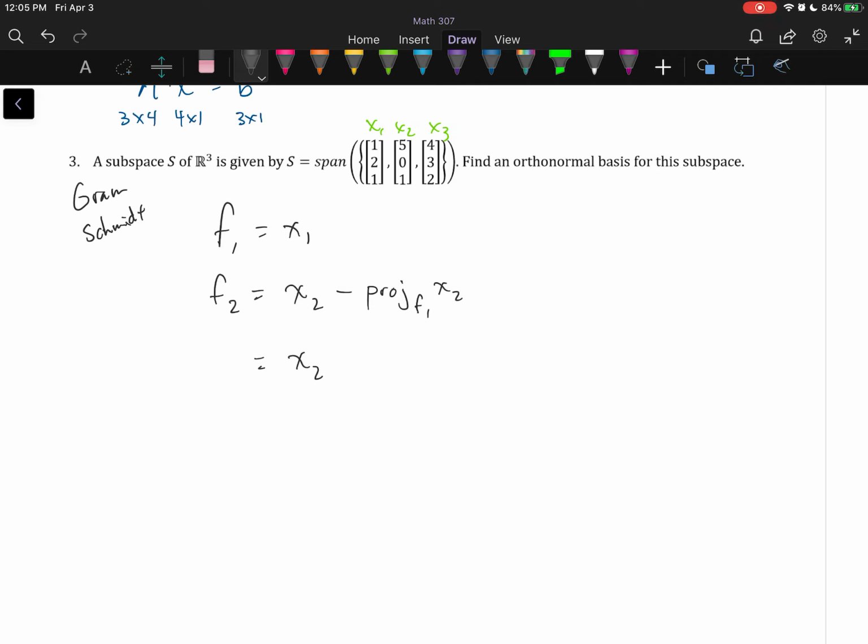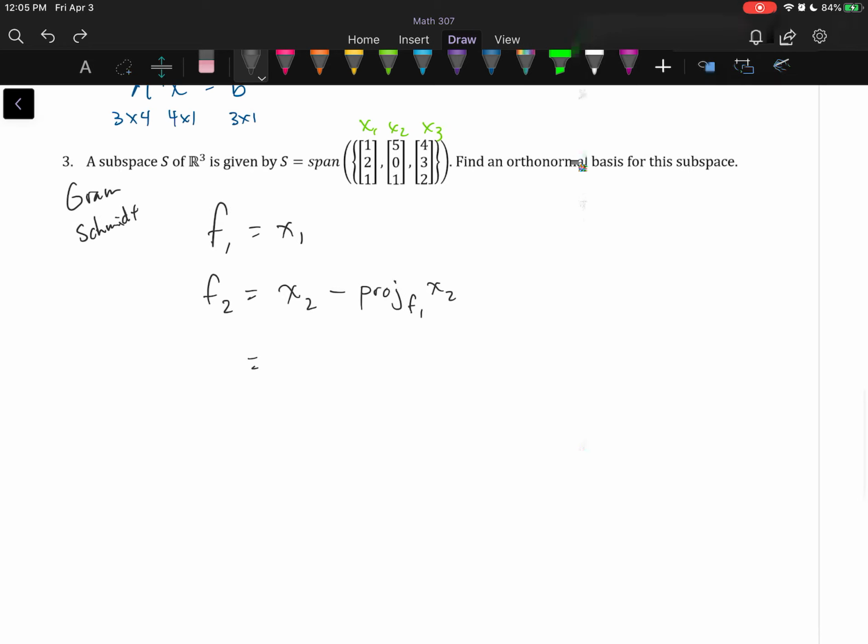And that'll look like, well, let's actually just write this vector out so we can start doing some math. 5, 0, 1. This is the dot product between x2 and f1 on top. So 5 plus 0 plus 1, so 6 on top.